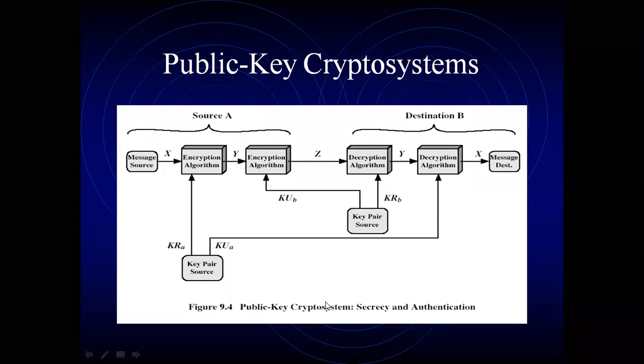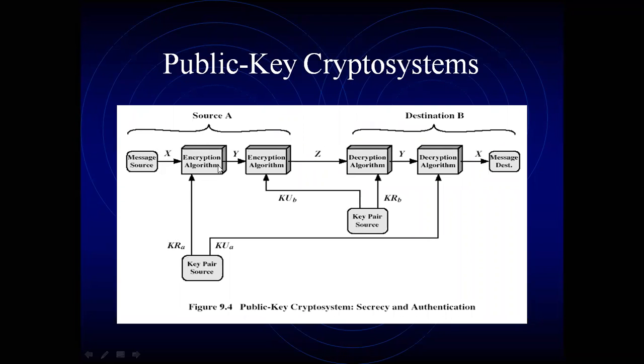So now, how has the crypto system been designed for your public key? Here you can see I have the source A and this is my destination B. I'm going to send the message from the source. First I'm going to send X towards here. My X is nothing but plain text.